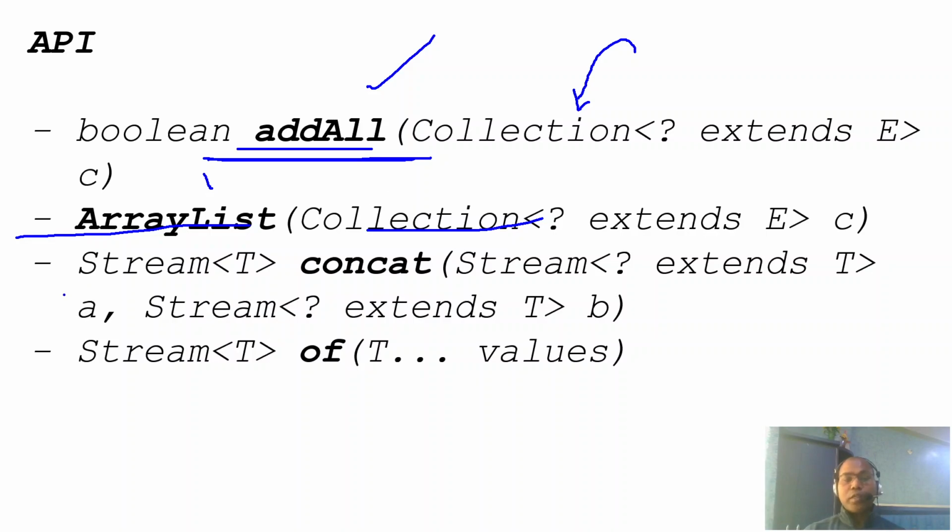Similarly, let's discuss the Stream API. Stream has a concat method that takes stream 1 and stream 2, and returns the final stream 3.